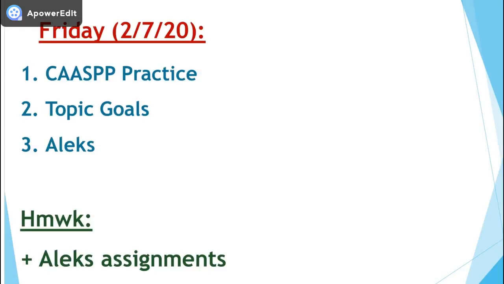We're going to go over Quizlet 4, which we didn't go over yesterday, so we're going to do it today. Then we're going to go over CAS practice. Then you can go to your laptop to work on either topic goals, ALEKS assignment, or ALEKS practice test. Your homework for this weekend is basically just the ALEKS assignment.